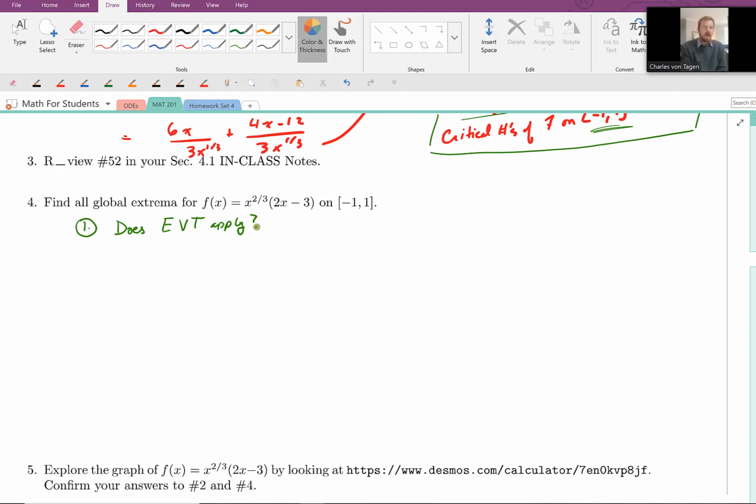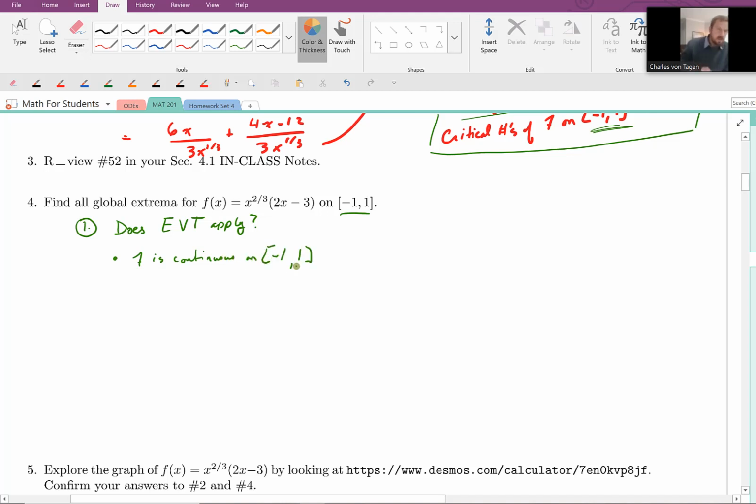So how do I know that f must attain both its global maximum and global minimum on this interval? Well, there's two things to check. Notice that f is continuous on its domain.